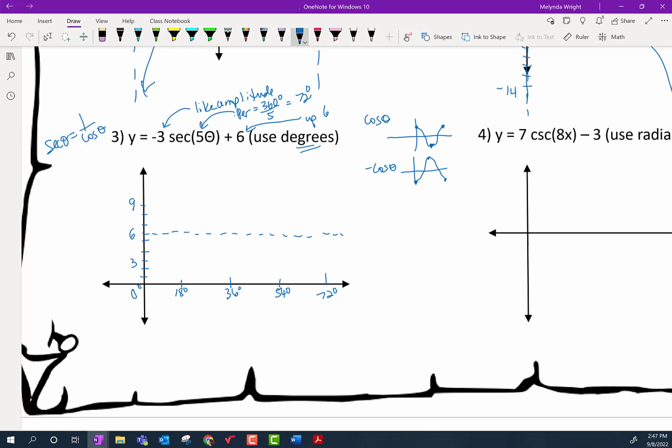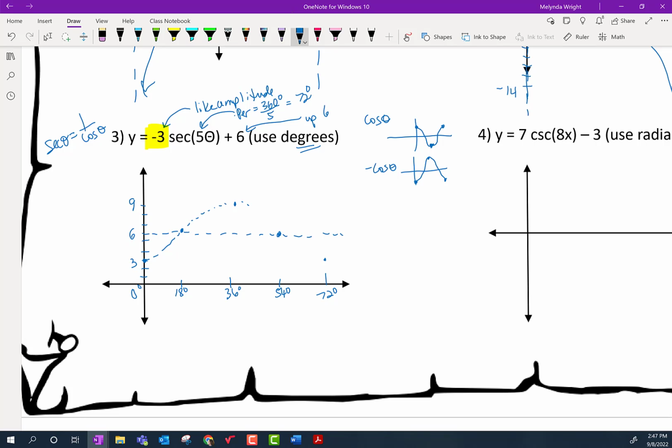So since this is a negative 3, we're going to draw the, I just call it a shadow cosine, starting low, starting at its low at 3. And then we go to the middles, and then we go to the max, and then we go back down to the middles, and then we go to the low, and then I just do a dotted line here.